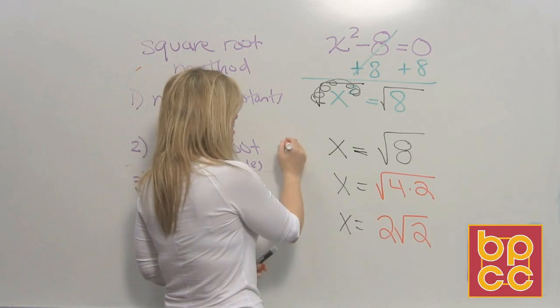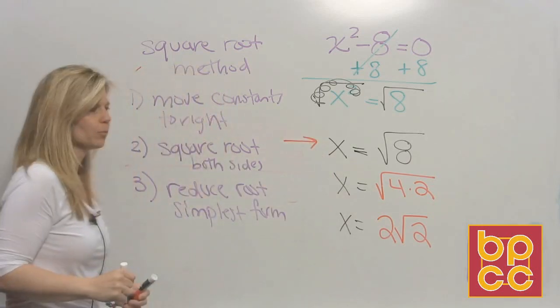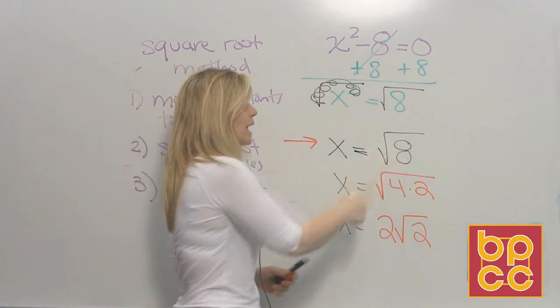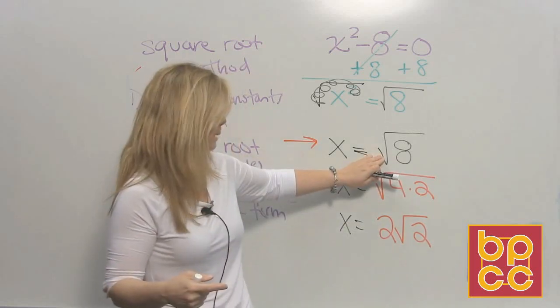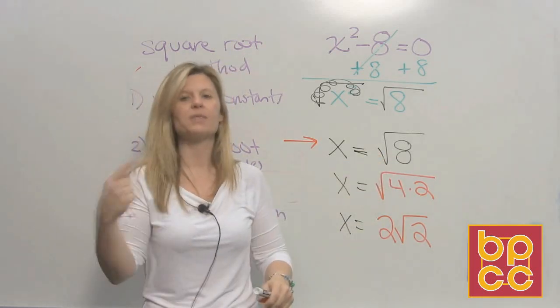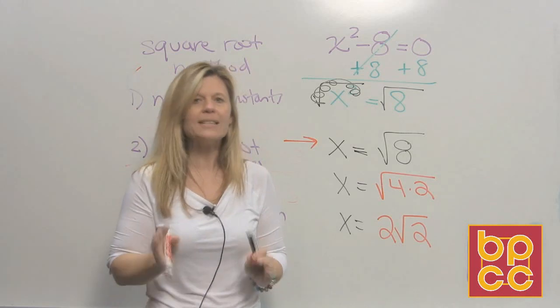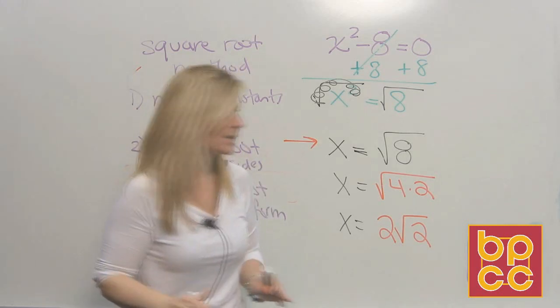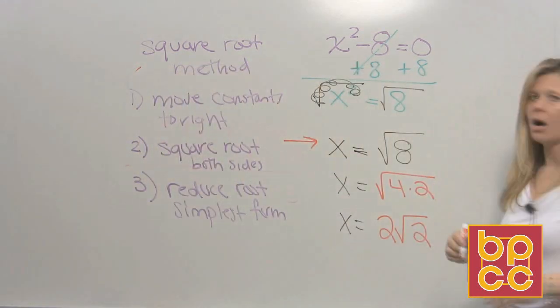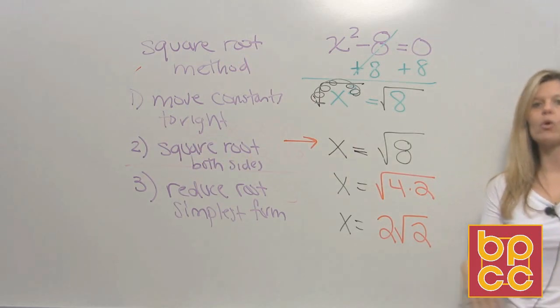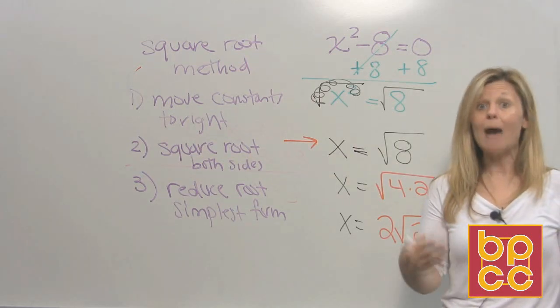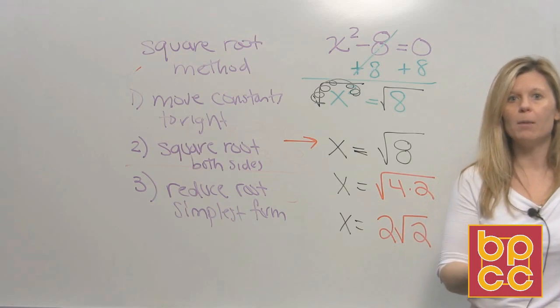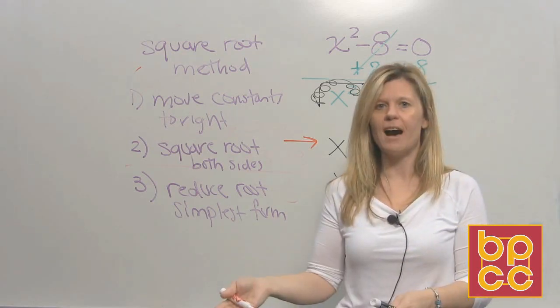If we go back to this step right here, when you do the square root of 8, this symbol means in words, what times itself is 8? Well, let's think about an easier number. For example, if I asked you all, what is the square root of 25? That means I'm asking you, what number times itself is 25?